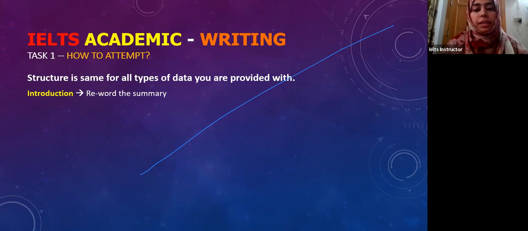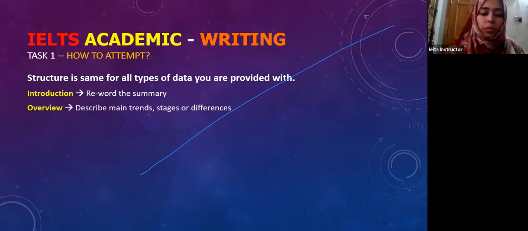Okay, the introduction is basically to tell the reader what you are going to write about. So it's the same thing you are being asked in the question, right? So you just need to rephrase the question and write it as the introduction. Okay, the next thing is the overview. All right, you are seeing two pie charts in front of you, so you can just give a basic overview of the percentages you are seeing in both of them, and compare them to give a brief idea of what the pie charts are talking about.